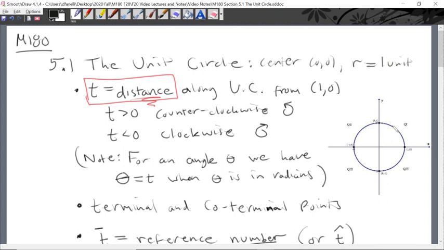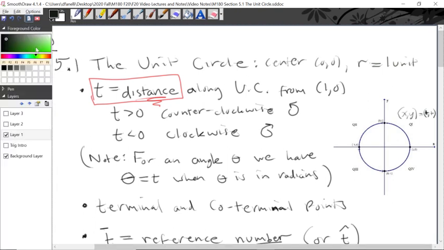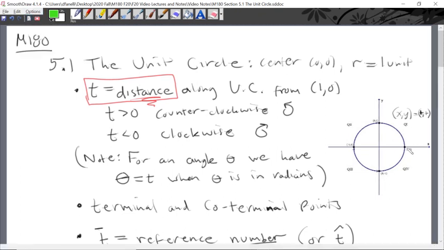Quadrant 1 is where the x value and the y value for any point located there, those coordinates are both going to be positive. So we start in quadrant 1 in our rotation. We say in standard position is when we start a rotation along the circle from the initial point 1, 0.